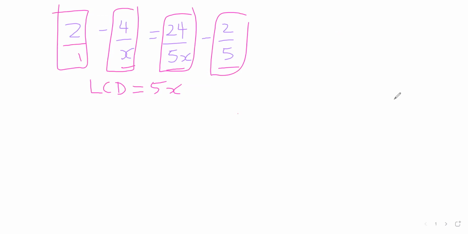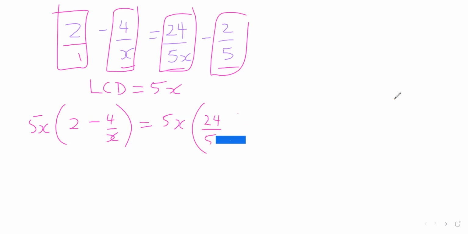Or in other words, you're going to use the distributive property to multiply. So we've got 2 minus 4 over x, and I've multiplied everything on the left by 5x equals 5x times everything on the right. I use the distributive property here.